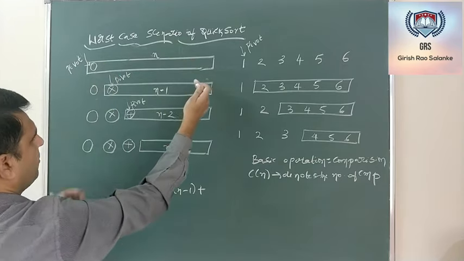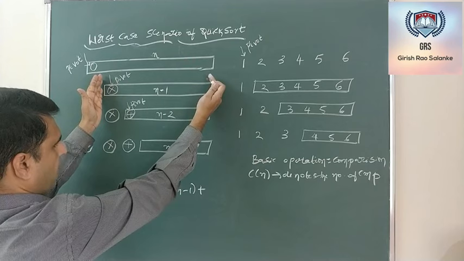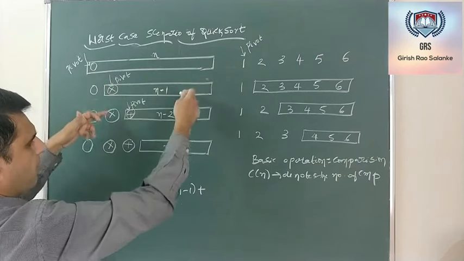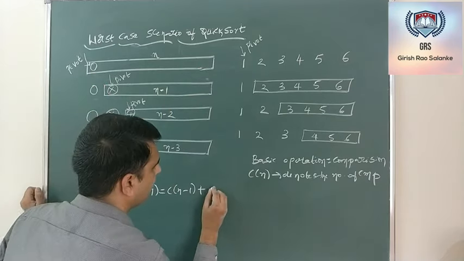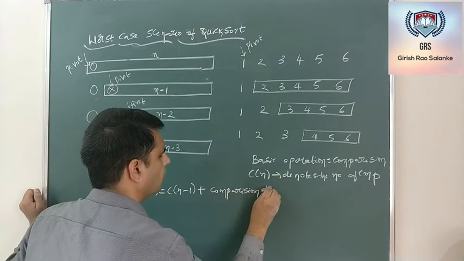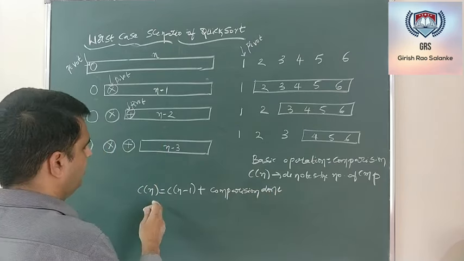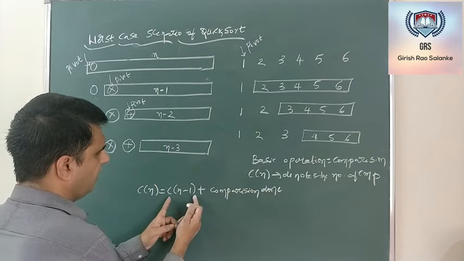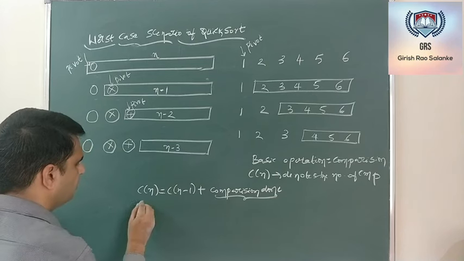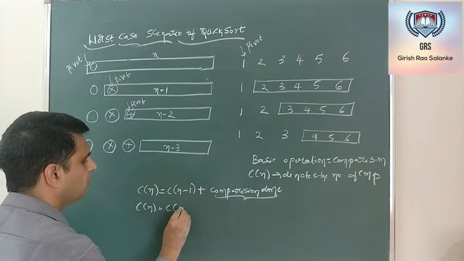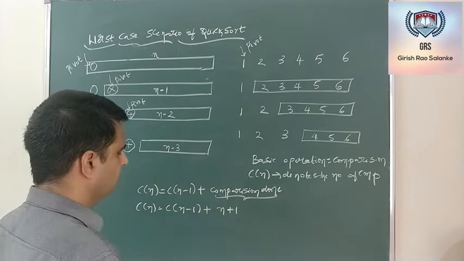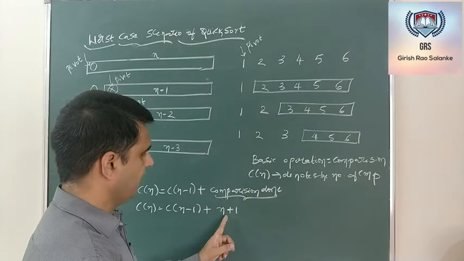C of n has divided the array into C of n minus 1. To divide the array n into an array of n minus 1, I need to do some comparisons. Now, what is the maximum number of comparisons done? I can write C of n is equal to C of n minus 1 plus n plus 1. The maximum number of comparisons that we will do here is n plus 1.